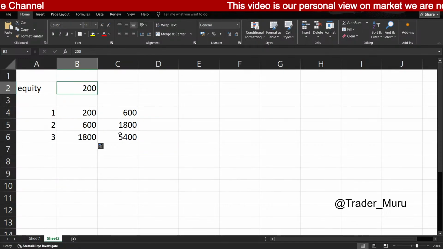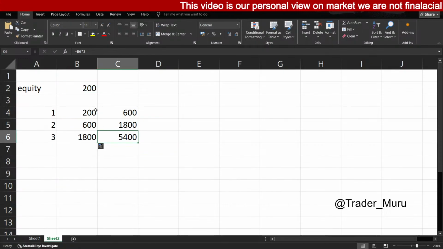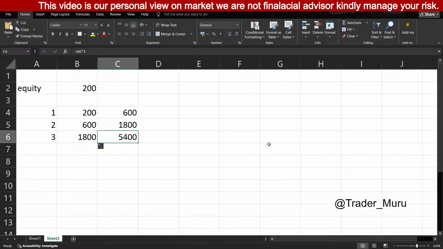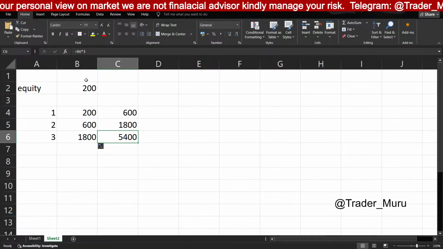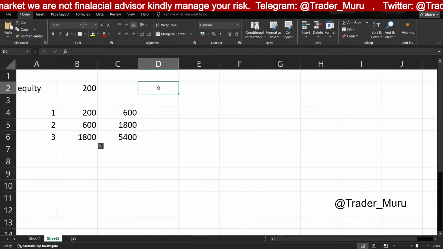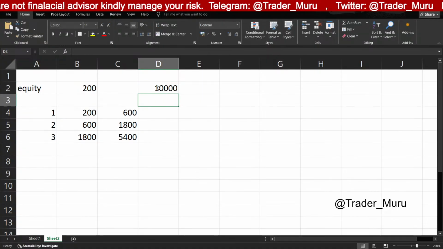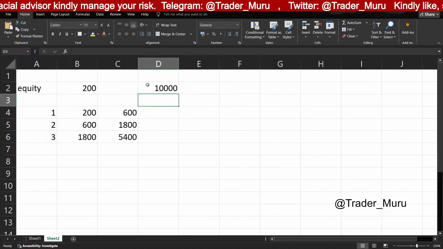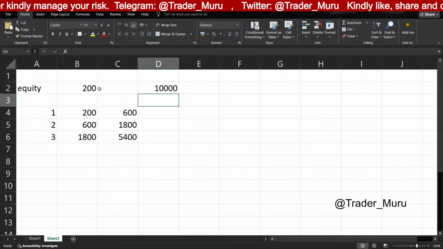In just 3 trades, you can gain from $200 to $5,400. Your risk is only $200. Suppose you have a $10,000 account. So why are you fearing too much to risk this amount?